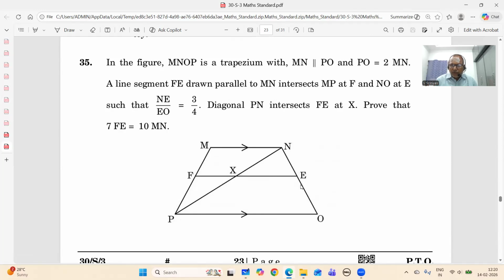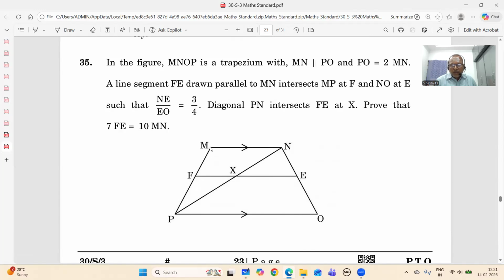Now we are given NE is to EO is 3:4. Therefore, NE by NO will be 3 by 7. So that also will be equal to NX by NP will be 3 by 7. Means NX is to XP will be 3:4. Now if you look at these two triangles, again this is parallel to this. Therefore these two angles are a pair of corresponding angles and hence are equal. And this is common angle.